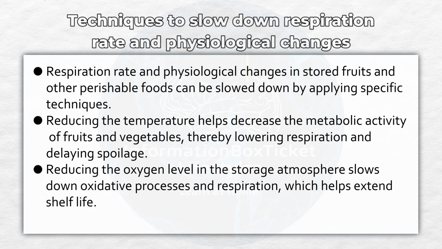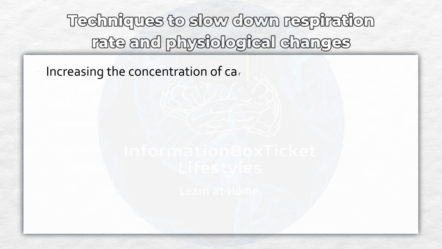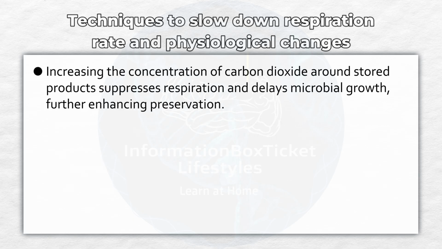Reducing the oxygen level in the storage atmosphere slows down oxidative processes and respiration, which helps extend shelf life. Increasing the concentration of carbon dioxide around stored products suppresses respiration and delays microbial growth, further enhancing preservation.